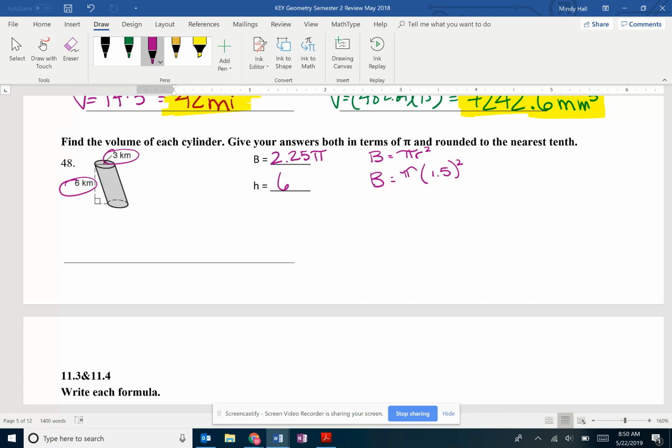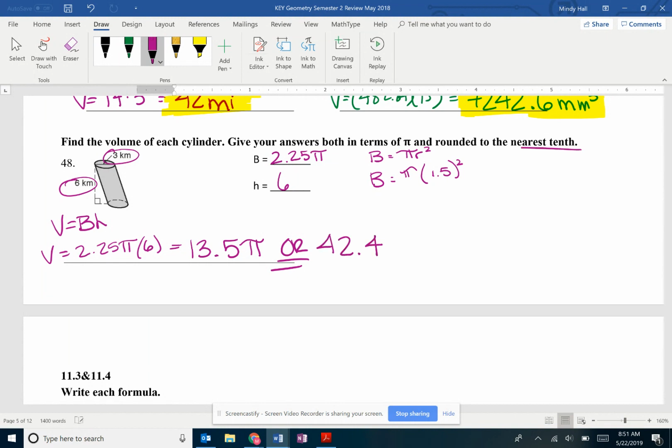So then, because this is a cylinder, it's still going to be volume equals base area times height. So that would be 2.25 pi times 6. And when you do that, times 6, that gives you 13.5 pi, or when we multiply pi in, it gives us 42.4 rounded to the nearest tenth.